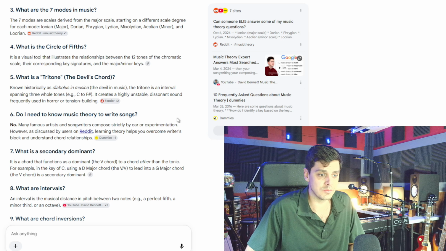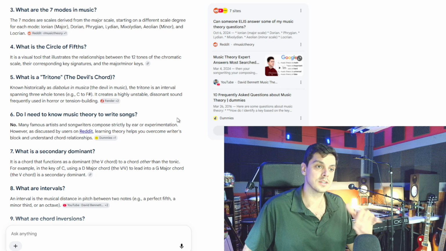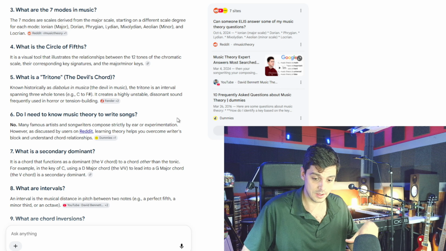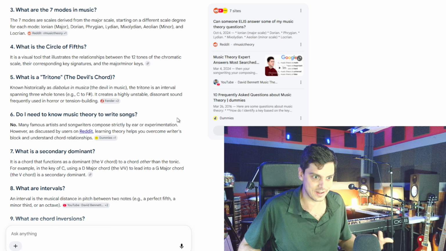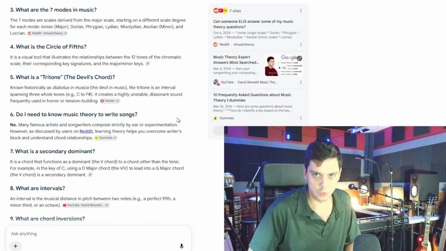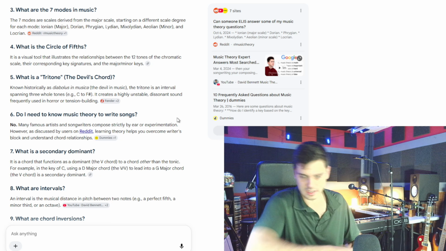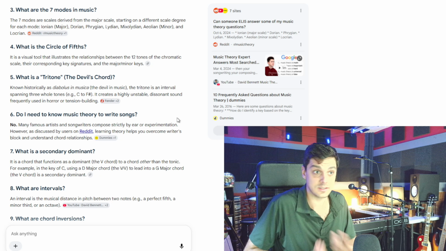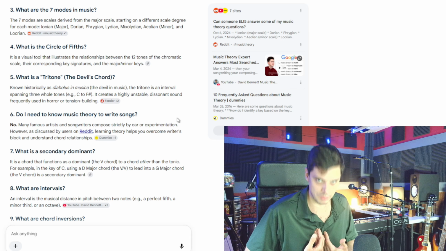I like what it said here. Learning helps you overcome writer's block. Okay, yeah, sure. That's legit, because sometimes I like to talk about what I call a toolbox in my own music, and if I have a deadline coming up, I don't have a choice, right? I have to make some music. I have to write it down. And am I going to go to common practice music theory when I'm pulling out of my toolbox? No, I'm not going to do that, because that's not my world. That's not what I do in my music.